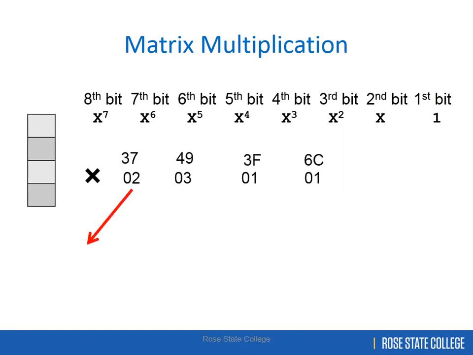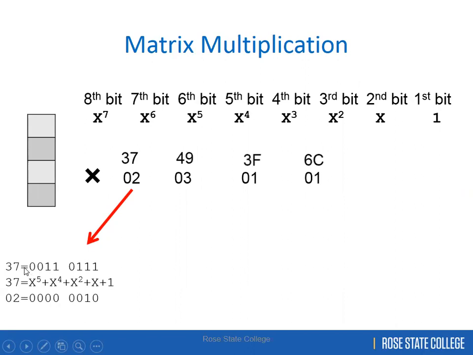So here's 37. We convert 37 to binary. That's a 3 and that's a 7. Then we convert a 2 to binary. That's a 0, that's a 2. Then we put those numbers up. You need to know this top thing right here. Since it's not on the test, you can write this down. So 37, the way this works is we have x to the 7th all the way through 1.